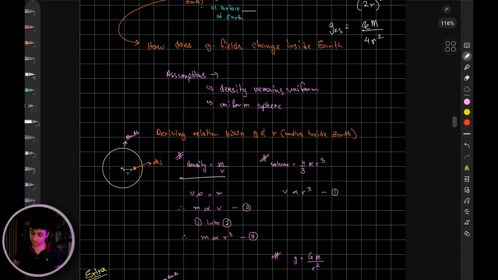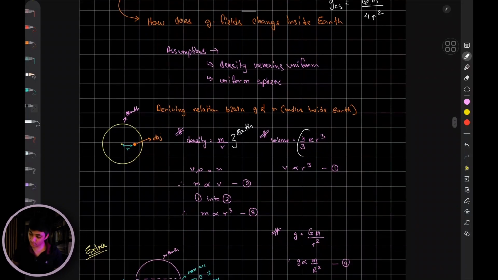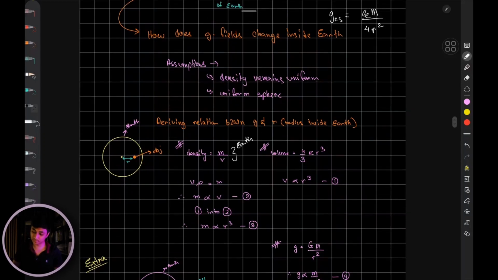So two things we need to derive this proportionality, that is the density. You know the density is mass by volume, that is of Earth. And the volume of Earth is 4 by 3 pi r cube. So from this, if you remove the constant, what you have is V is proportional to distance cube or separation cube. This is your first equation.